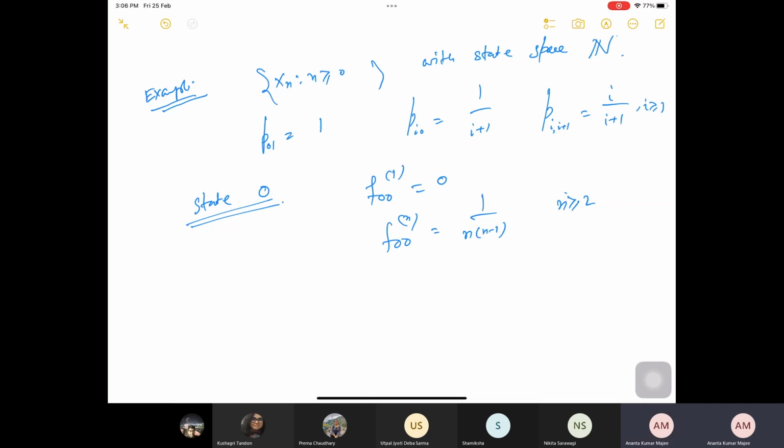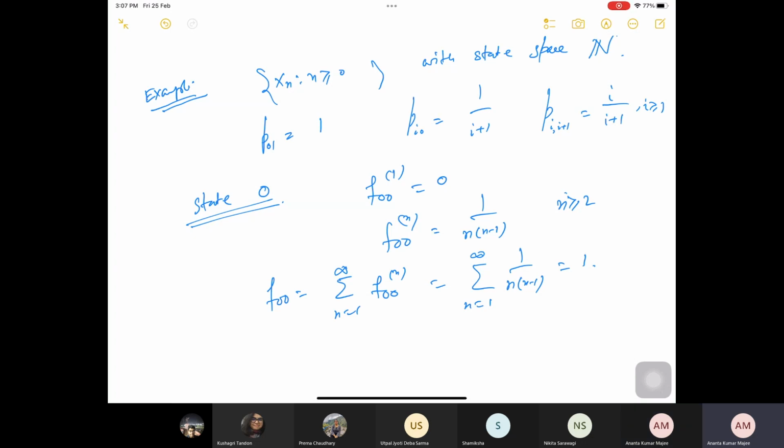Just look at these transition probabilities and draw the graph, and you will find it. Hence f of 0 0 is the summation over n equal to 1 to infinity of 1 by n into n minus 1, which you can check should be 1.